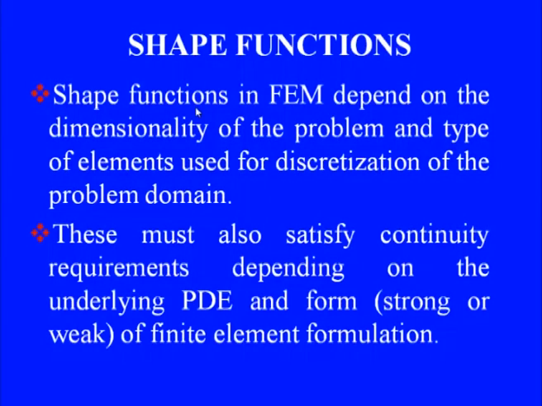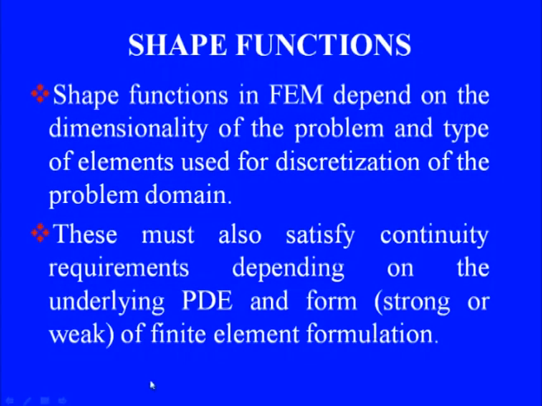This continuity requirement will depend on the type of formulation which we have used, which will specify the order to which our shape functions must be differentiable. That is what we saw in the previous lecture, that the weak form results in lower continuity requirements on our shape functions. So, depending on whether we use a strong form or weak form finite element formulation, and the order of differential operators in the PDE, these two factors will govern the continuity requirements on the shape functions.